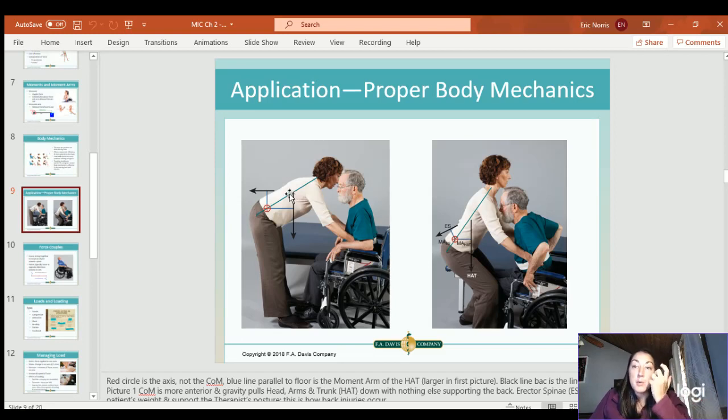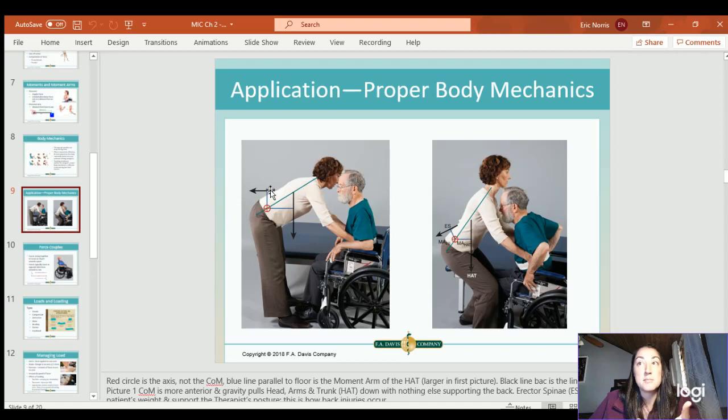And so the center of mass is more anterior in this picture. This line of gravity is coming from where her center of mass is in that position. And the HAT, which is the head, arms, and trunk, is being fully supported by the erector spinae muscle. So all the weight of it is against that muscle.